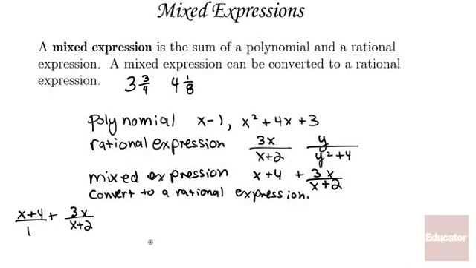So in order to find a common denominator, we're going to use the LCM, just like we have in previous lessons. So here, the denominator is just 1. Here, it's x plus 2. So if I can use x plus 2 as the denominator in both, then I can add them together. Now, in order to do that, I need to multiply both the numerator and the denominator of this polynomial by x plus 2. And recall that doing that is simply like multiplying by 1, because these x plus 2's would cancel out.